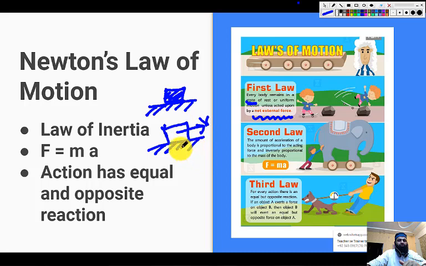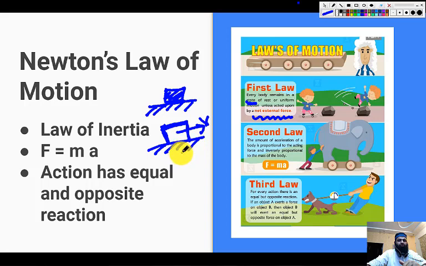So Newton came along and said that these two are basically, this is also an inertial state and this is also an inertial state. So we can treat them both very similarly in a lot of ways. Unless there is a force acting on any body, it would keep on moving at a constant velocity.